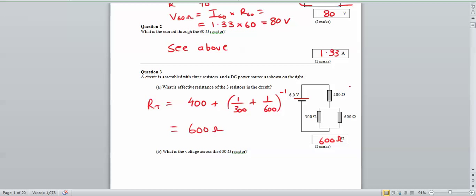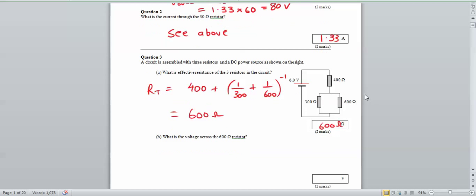Now we know the effective resistance is 600 ohms, so we can use that to find the current. The current is equal to the voltage, which is 6, over 600, which is 1 over 100.